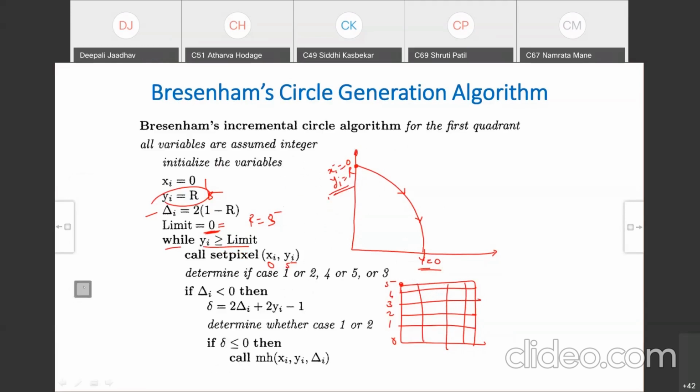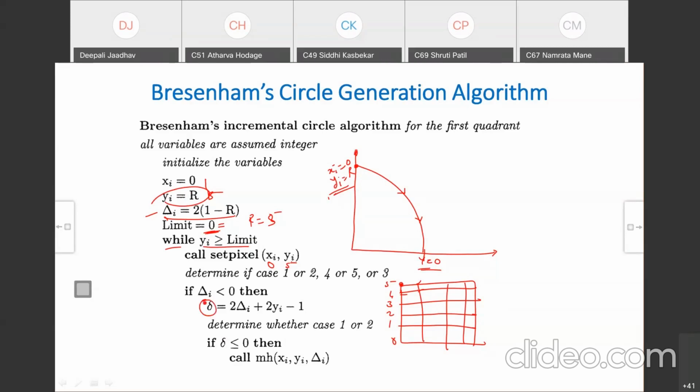After this, whether this one or this one. For that again we calculate the uppercase delta, lowercase delta and delta dash. So first we calculate this delta, which is calculated here initially. If it is less than 0, means negative, then we choose horizontal or diagonal. So if it is less than 0, then calculate lowercase delta.